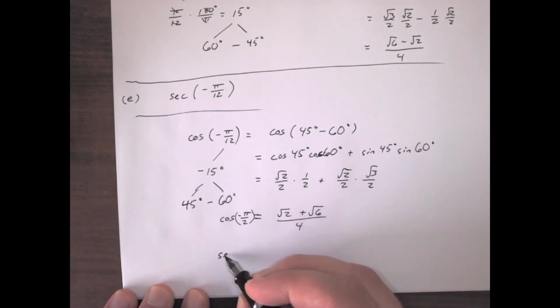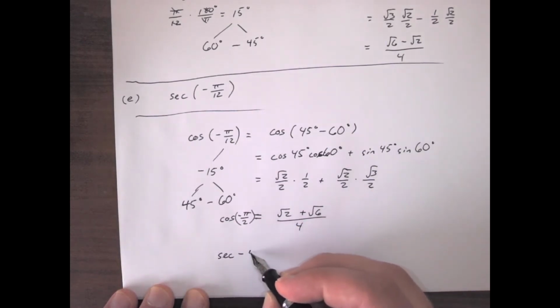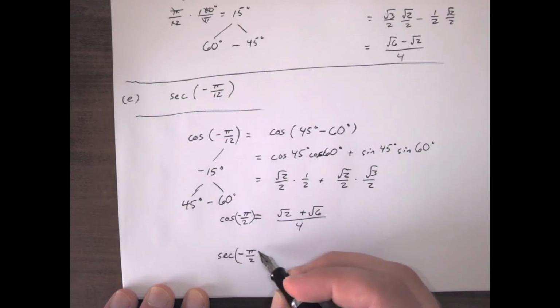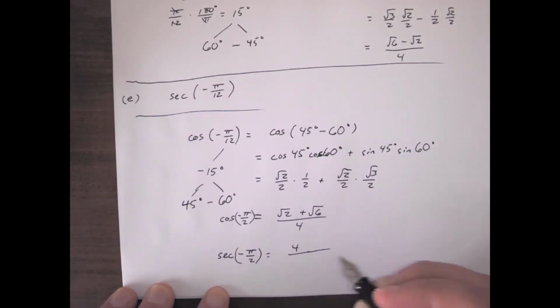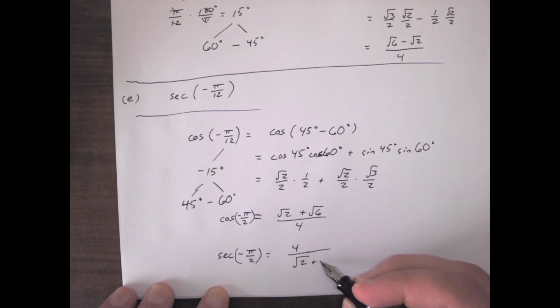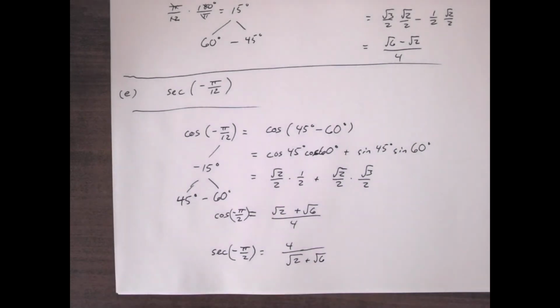So, secant of negative pi over 12 then is going to equal the reciprocal of this. Now, the previous version was as simplified as can be because it had all of its square roots in the numerator. This one, however, has square roots in the denominator, meaning it has an irrational denominator, meaning that we have a responsibility to rationalize it.